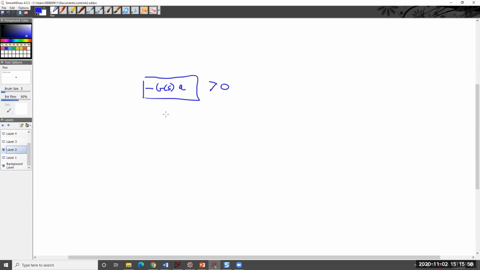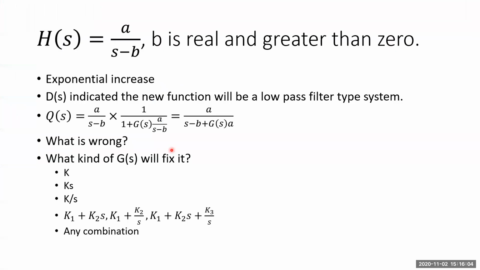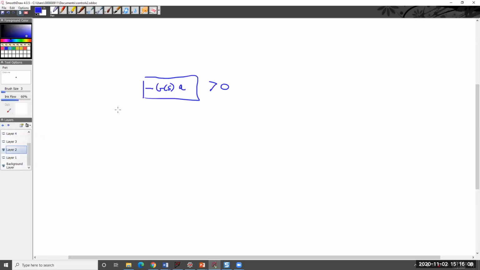All right, what can make that happen? This is what we want.